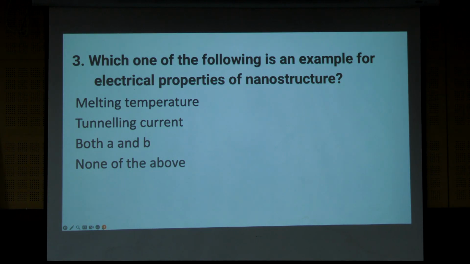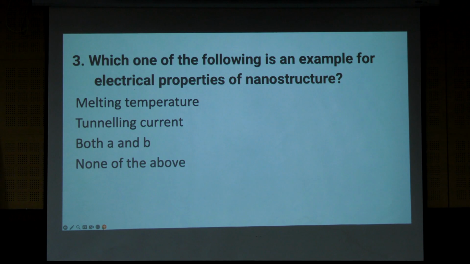Which one of the following is an example of conduction? In conduction, what does current mean? It is an electrical property.